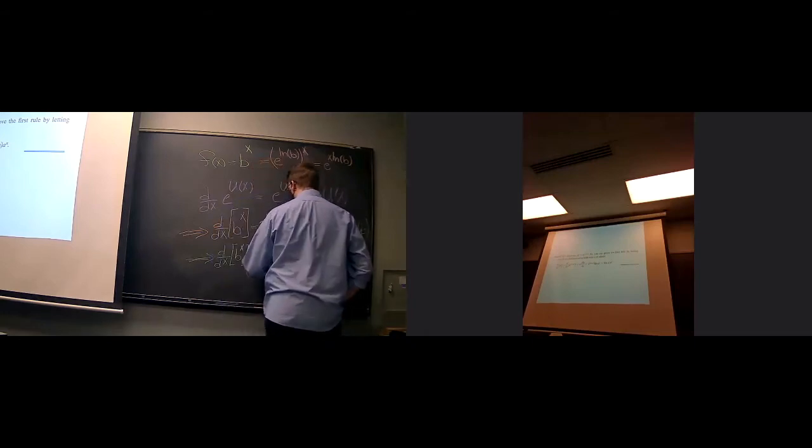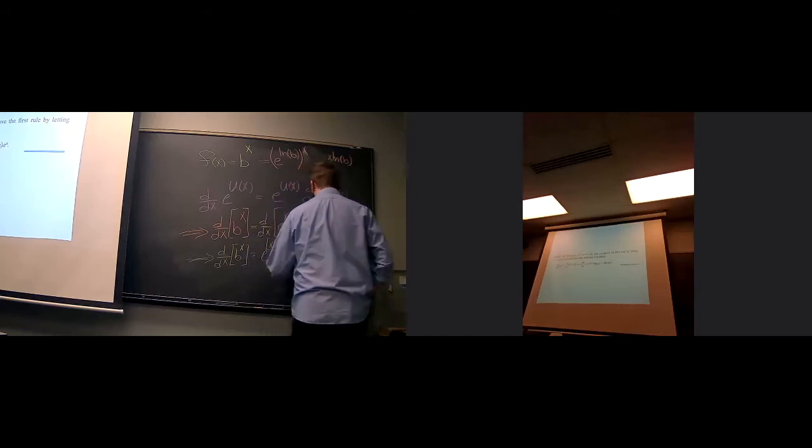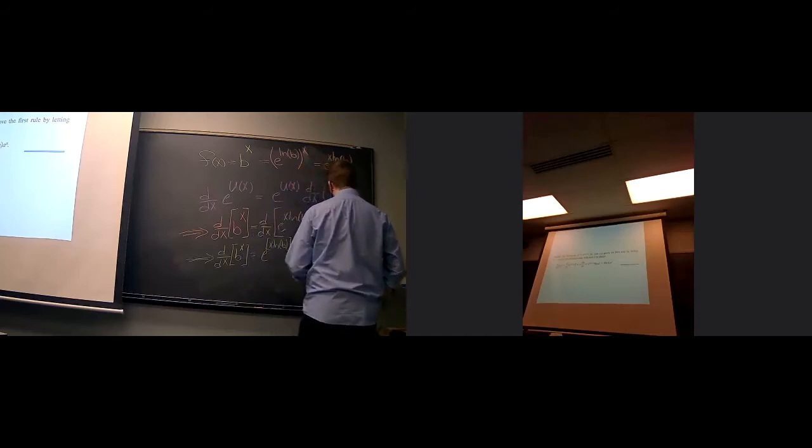So this tells us then that d/dx of b to the x is equal to e to the x ln of b times the derivative of u of x, which is going to just be the ln b.